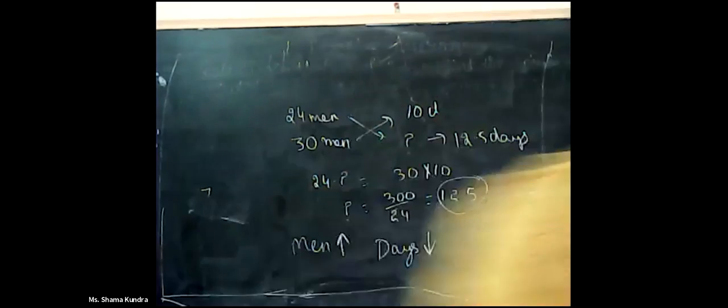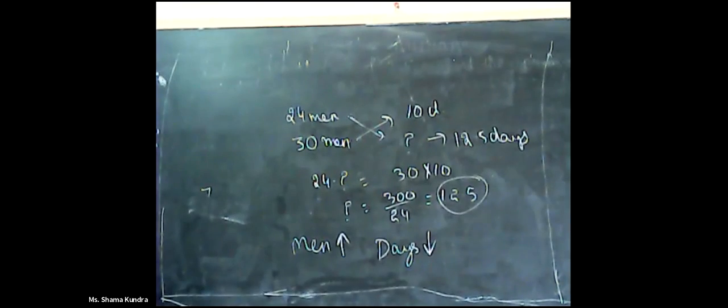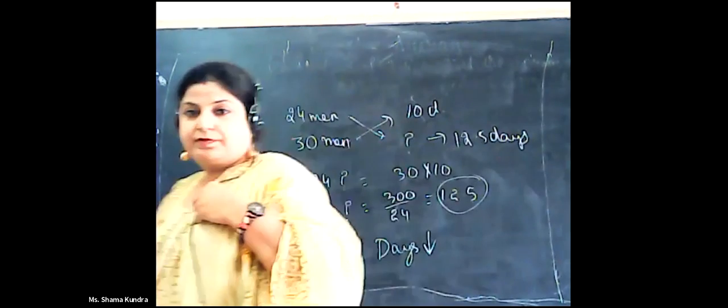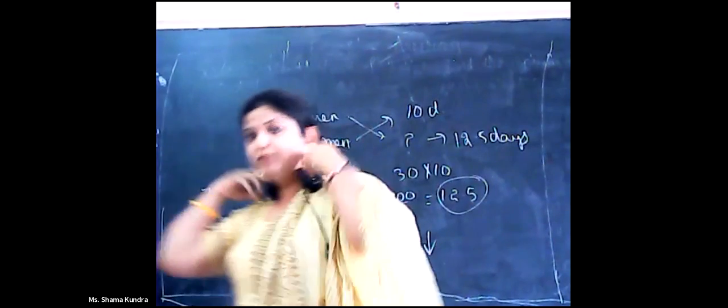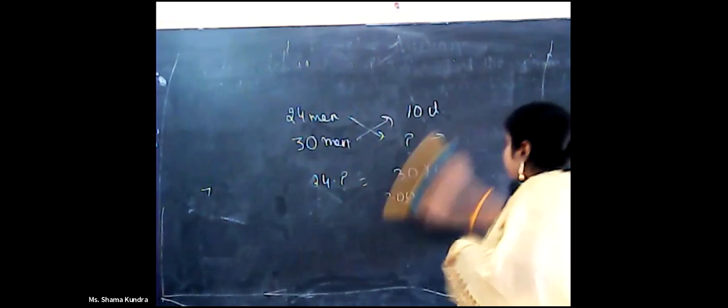See how we simplify it or how we solve it. See how we cross multiply on taking inversion. See, what is the statement? 24 men.